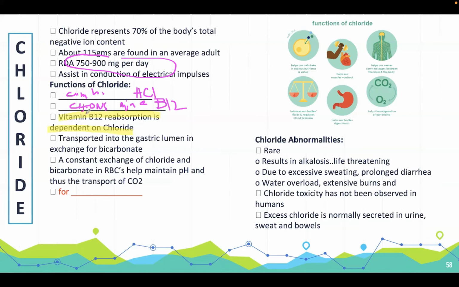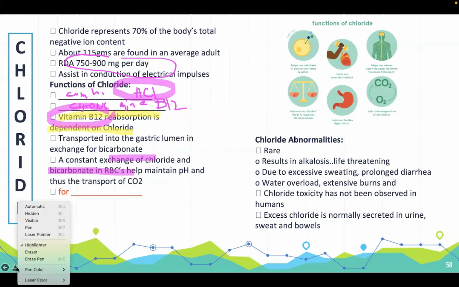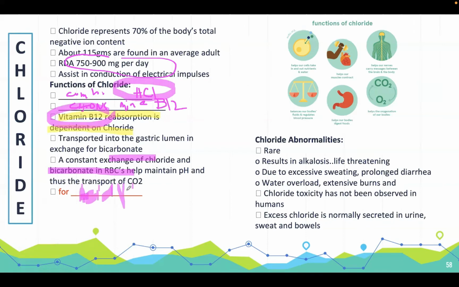Okay, kasi ito hematopoietic vitamin to, 'di ba kung matatandaan. So important din po siya sa hydrochloric acid sa ating intestine. And then important siya sa exchange ng chloride and bicarbonate in the RBC para po ma-maintain natin yung acid-base balance. Sorry, lagyan lang natin ng pen. Ayun. Para po ma-maintain natin yung ating acid-base balance.